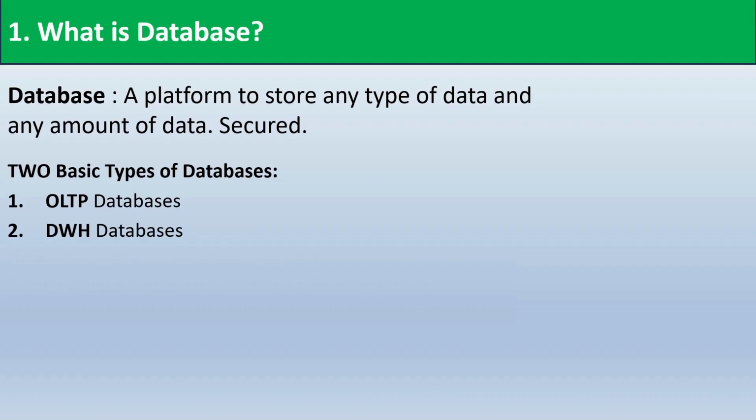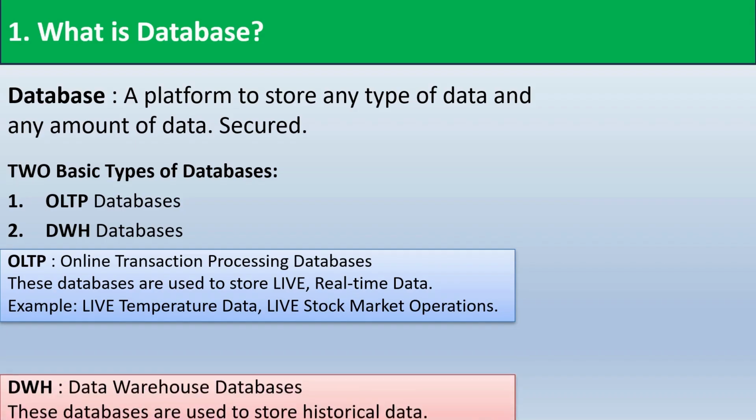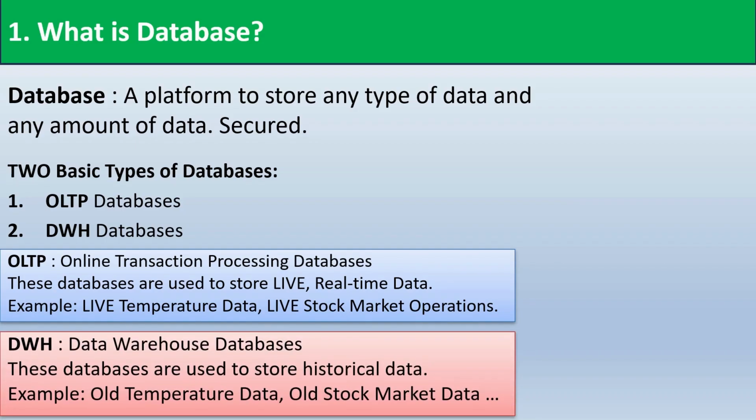Now, what is this OLTP database? It's online transaction processing databases. These are the databases where we store live data, real-time data, where we want to work with the data frequently. Those types of data, we store in OLTP databases. Next, we have DWH, data warehouse databases.